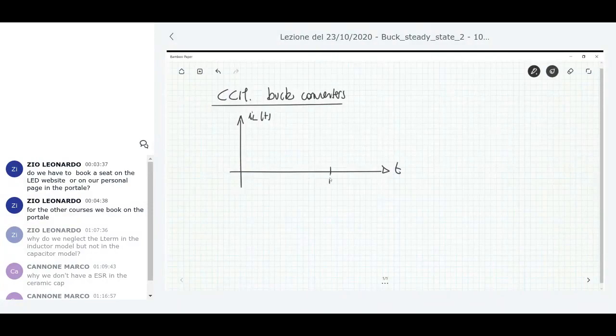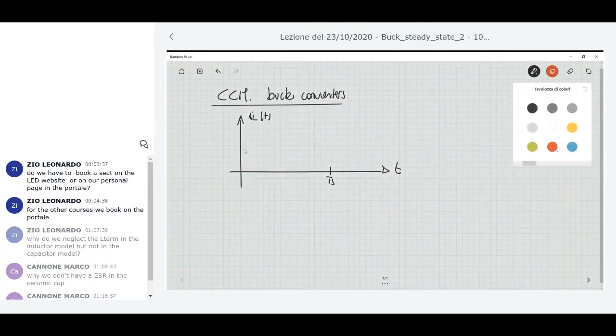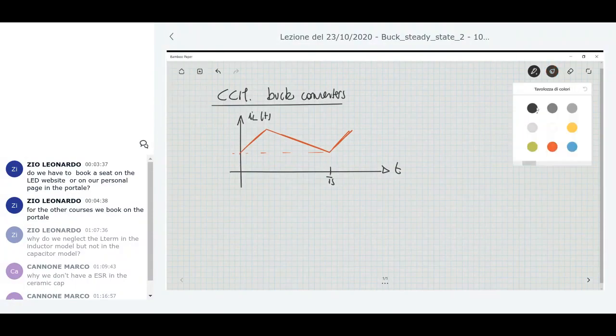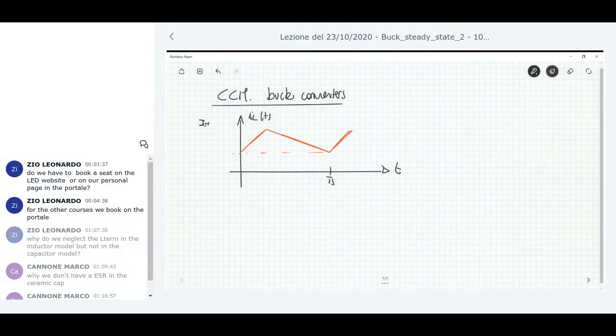So if this is Ts, the switching period, the inductor current is something like this. We define as maximum current Imax the peak value of the inductor current, and Imin the minimum value of the inductor current. Both these currents are different from zero in continuous conduction mode.